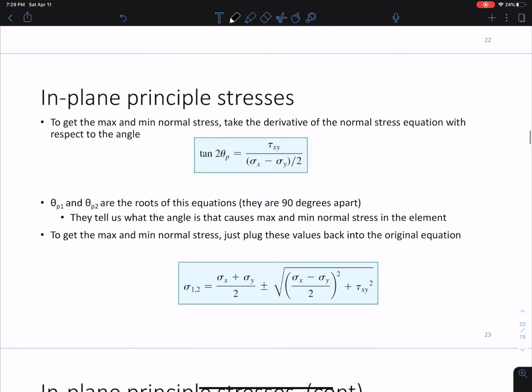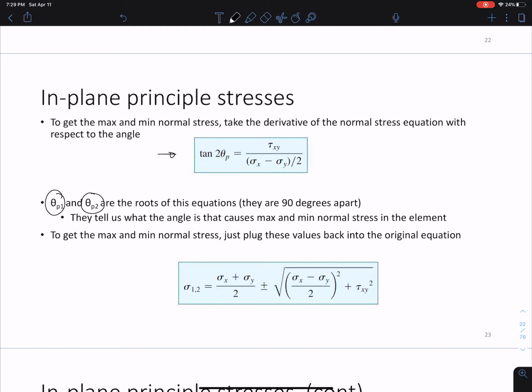Okay, so in-plane principal stresses. To get the min and max, all we have to do is take the derivative, set the derivative equal to 0, find what angle causes the max and min to occur, and plug that angle back into our formula. We're going to get two roots if we solve this equation, 1 and 2, and these are both 90 degrees apart.